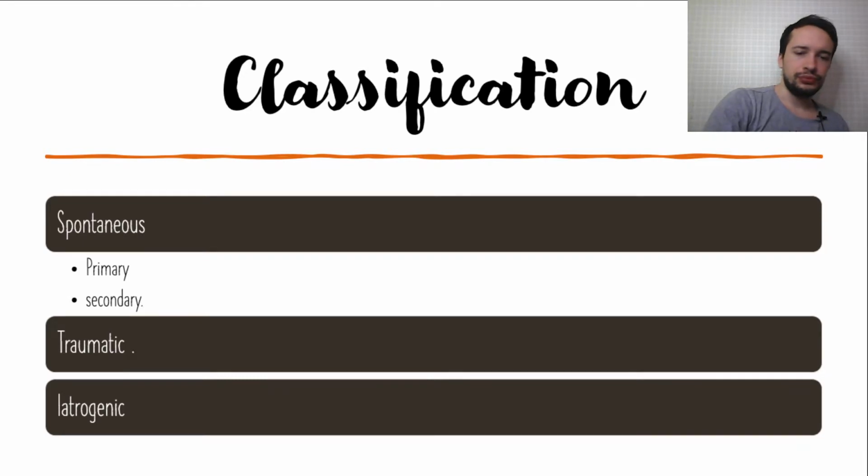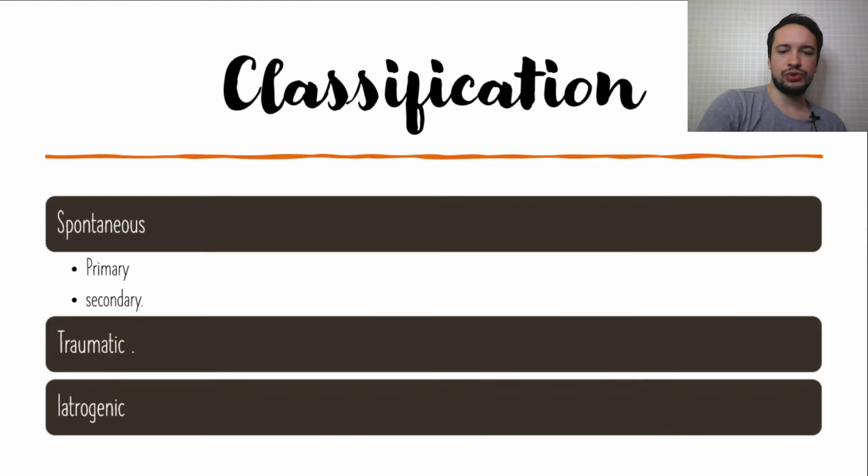Classification. All pneumothorax can be divided into spontaneous, when we don't associate it with any obvious cause, traumatic, when we associate it with direct and indirect chest trauma, and iatrogenic, when we associate it with medical interventions.